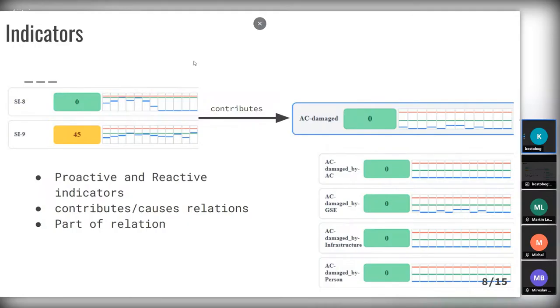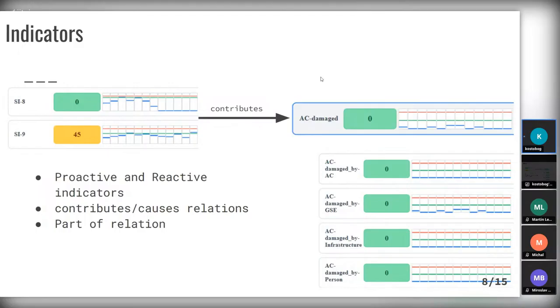What is also interesting about these indicators is that there are relationships among them. So for example, we can have indicators which show some part-of relationship. Let's say we have aircraft damage, but we can also break down the aircraft damage according to aircraft damage by another aircraft, or by some vehicle, or by infrastructure, or by a person.